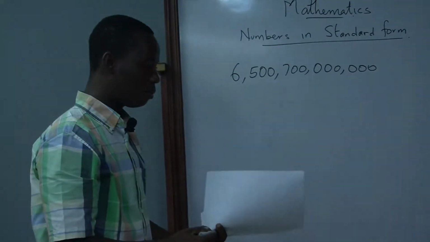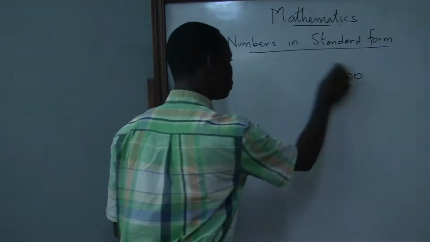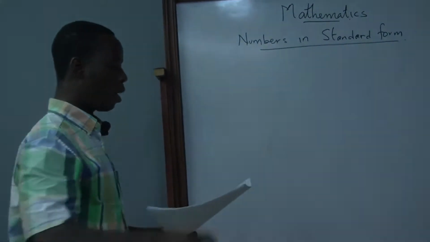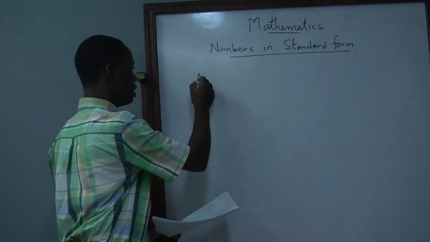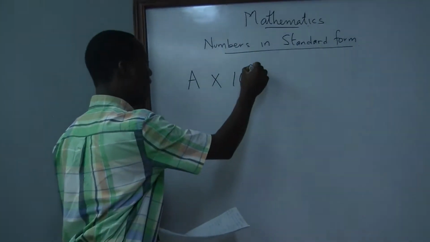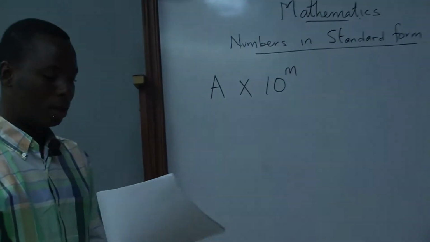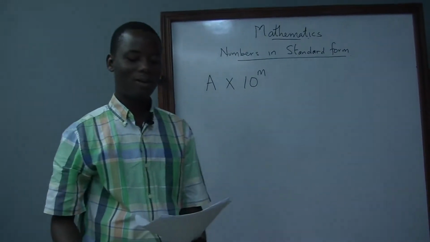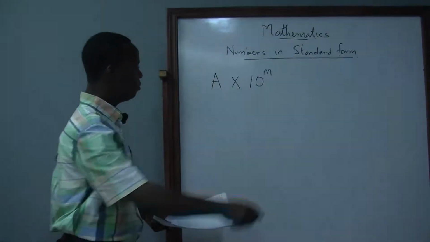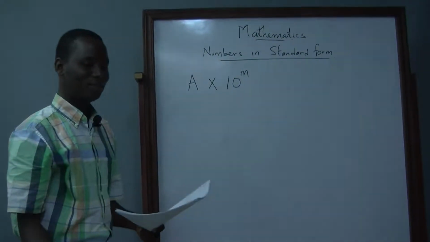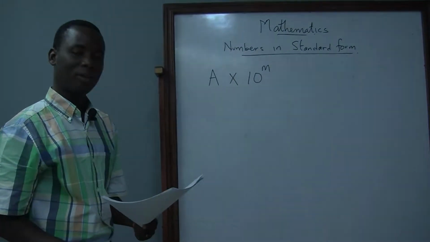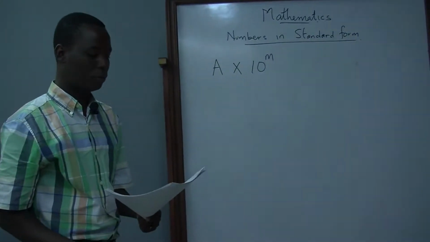When we are writing numbers in standard form, it is always of this form: A times 10 raised to the power of n. A is a number between 1 and 10. n is always an integer. It could be either a positive or negative integer depending on the number we're dealing with.